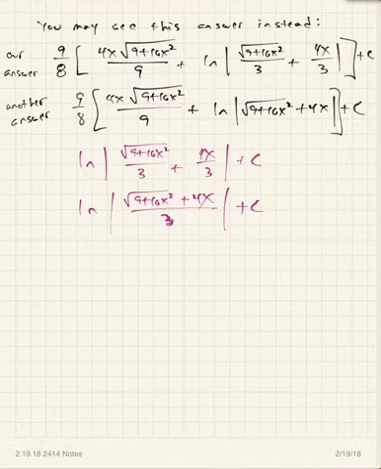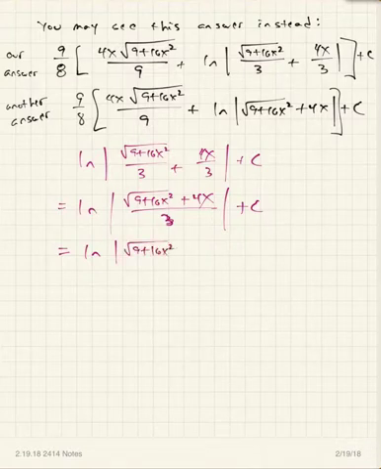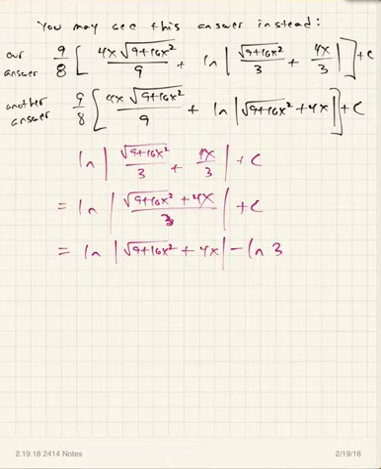And you have the quotient rule for logarithms that says that's the natural log of the numerator. So that'd be the natural log of the absolute value of the square root of 9 plus 16x squared plus 4x, and then minus the natural log of the denominator, just the natural log of 3. Technically the absolute value of 3, but 3 is positive, and then plus c.